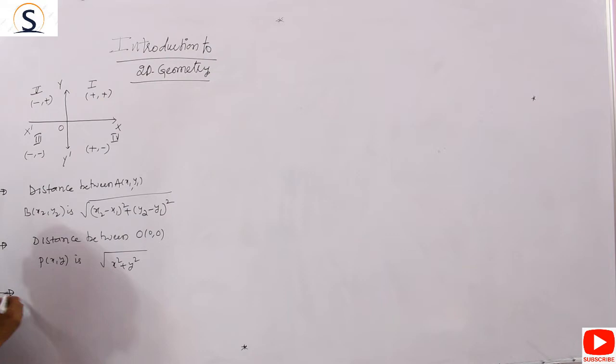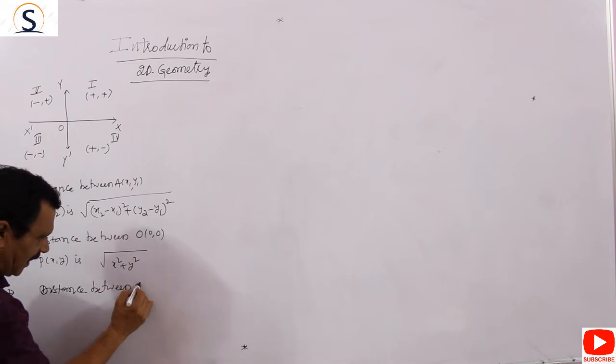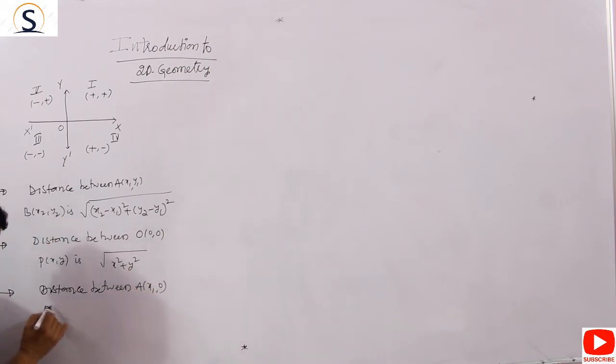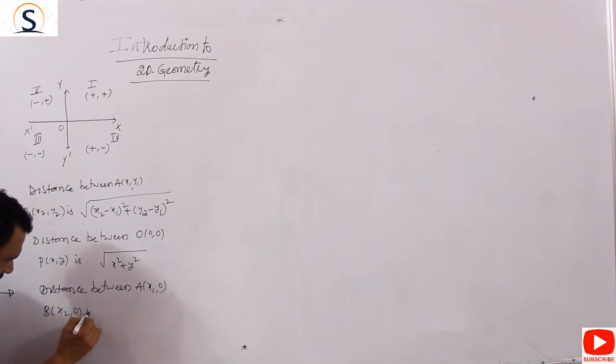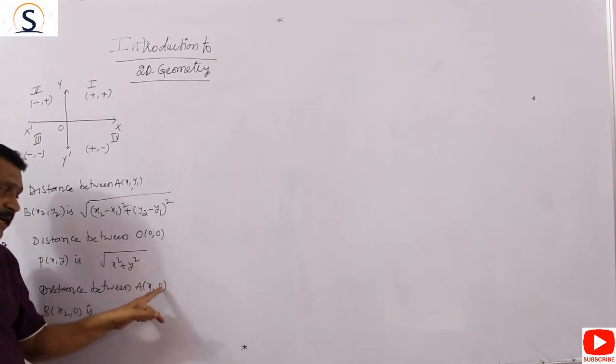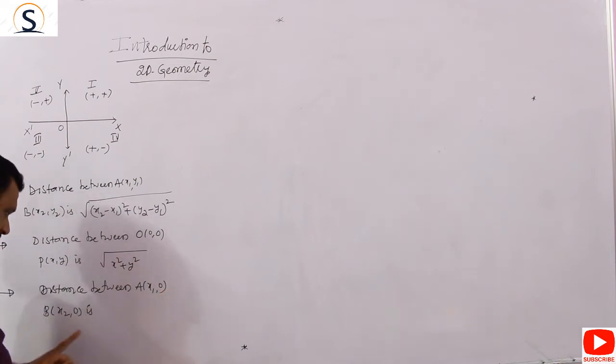Next, the distance between A(x1, 0) and B(x2, 0). Here (x1, 0) is a point on the x-axis, because the y coordinate is 0, which means it lies on the x-axis. This also lies on the x-axis.